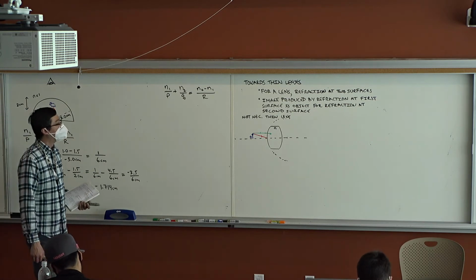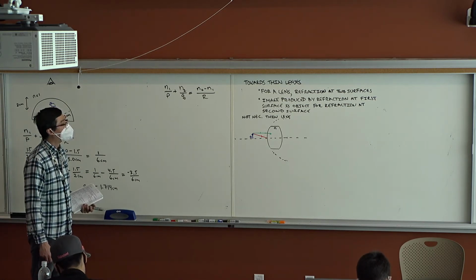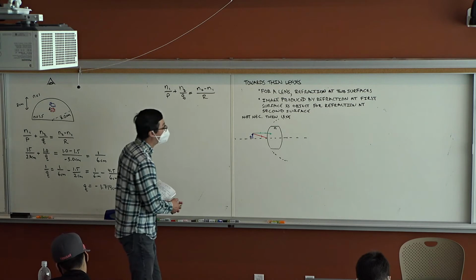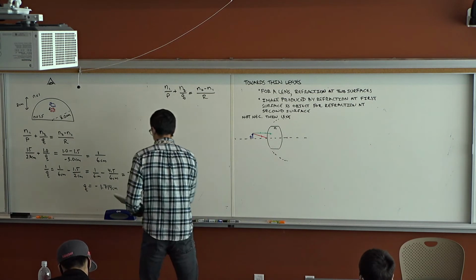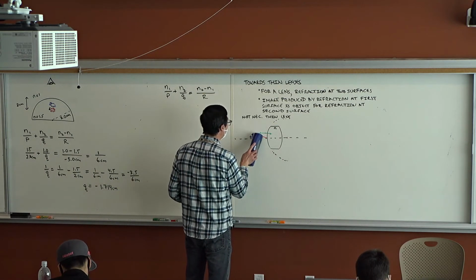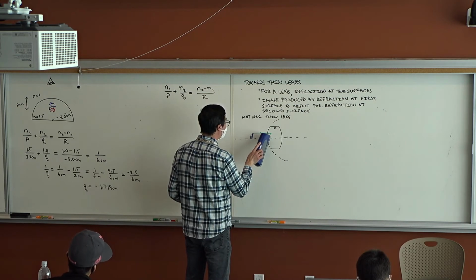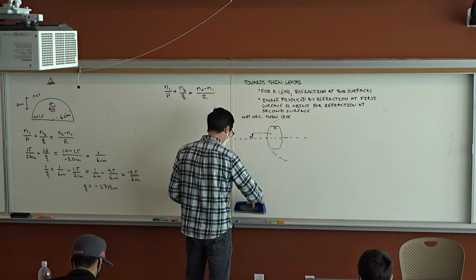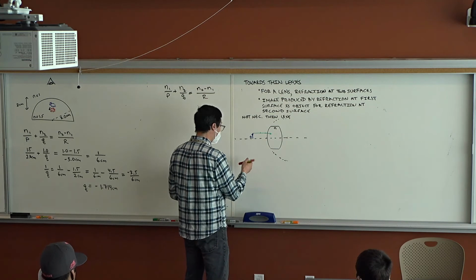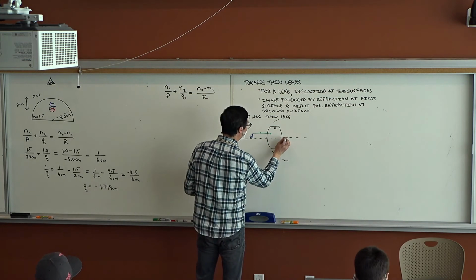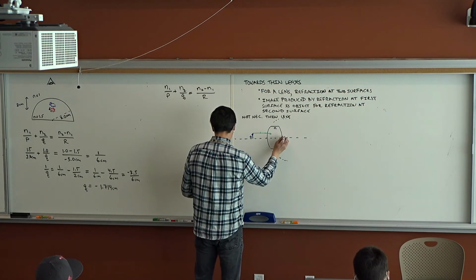Oh, actually, that's not what I want to do. That ray would work, but it's harder to draw. Let's draw one that really does seem to want to go straight.